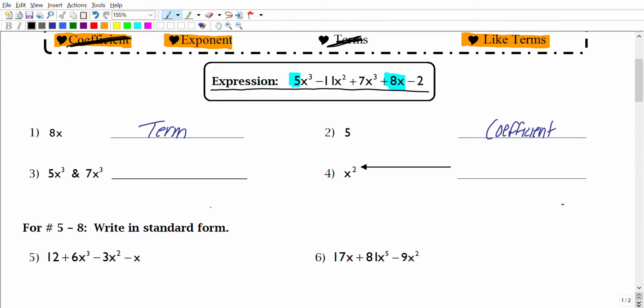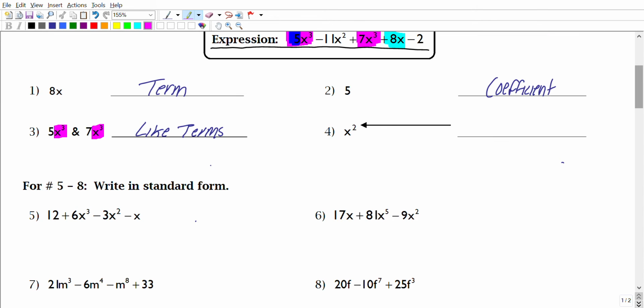Now we have to move on to number 3. It says 5x to the third and 7x to the third. So what are those? You might already know by now, but those are like terms. They both have this x to the third variable term.